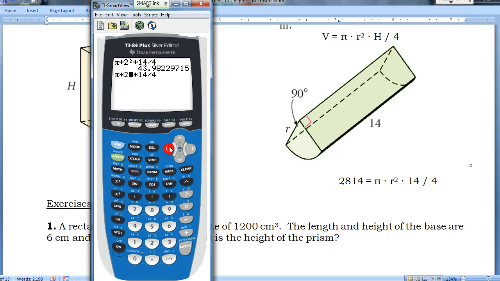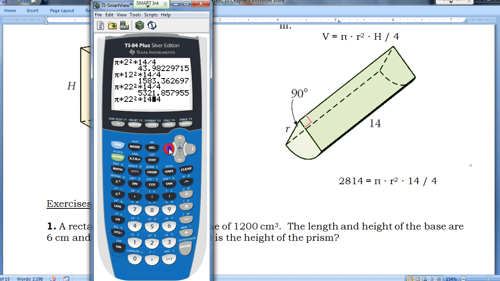How about 12? Still too low. And I tried 2 because it seemed a lot shorter than this, but I'm guessing this just isn't drawn to scale. So how about 22? Too high.